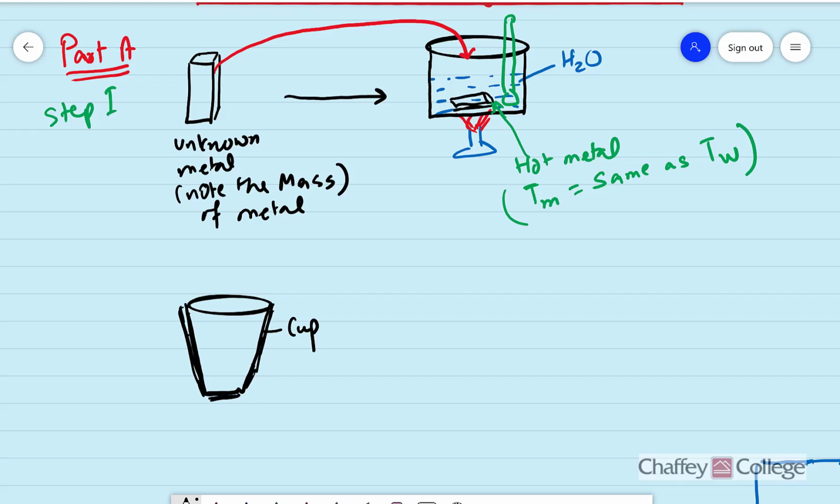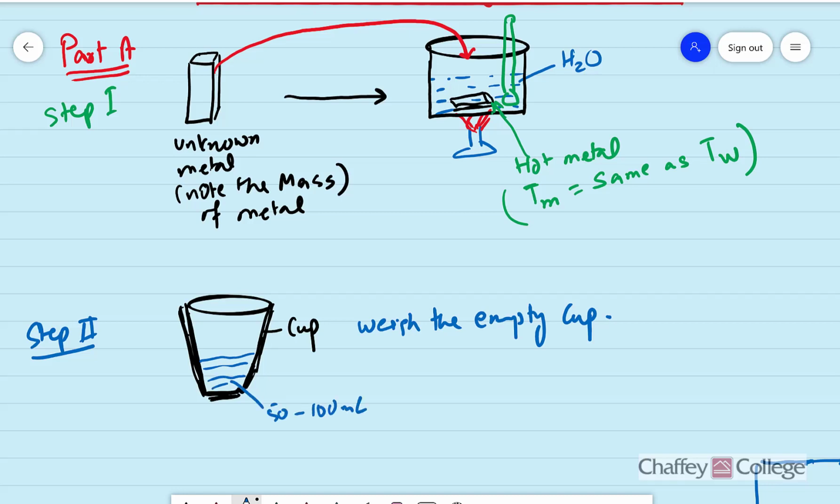In this coffee cup, first we will weigh the empty cup. And then in the empty cup, we will add some water. This water is 50 to 100 ml, whatever amount, it doesn't matter.